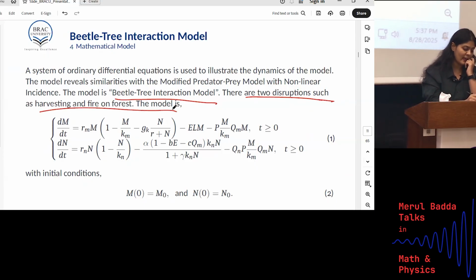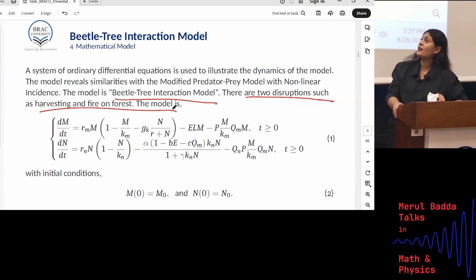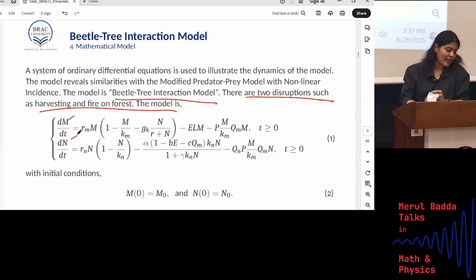In our model, M describes the density of trees, and N describes the density of beetles, R is the growth rate of trees, and Rn is the reproduction rate of our beetles. Here G is the fraction of trees killed by the beetles, and R is the defensive rate of the trees against the beetles.